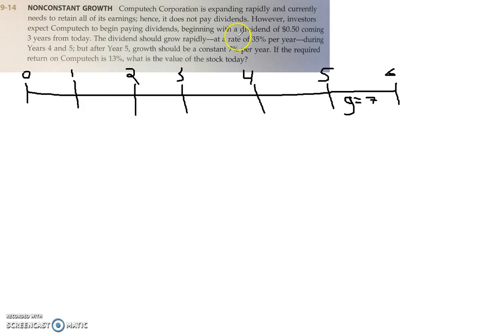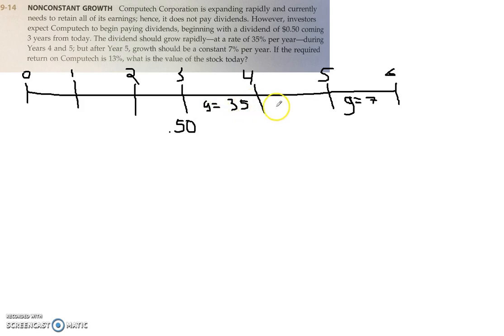This company is not going to pay dividends until 3 years from today. So 1, 2, 3 years, this is our first dividend of 50 cents. All right, nothing here. But after that, so there's no growth here because there's no dividends to grow. But between 3 and 4, we're going to have growth of 35%. So we'll do that.